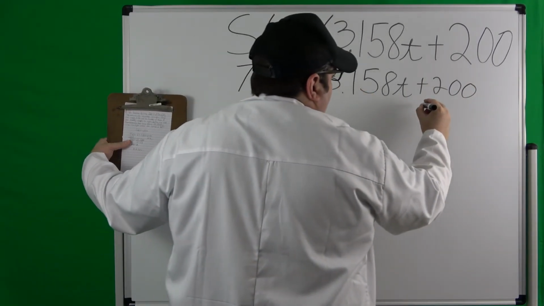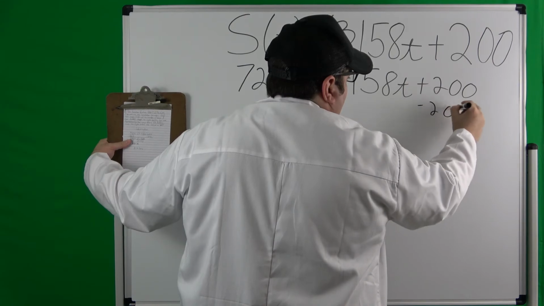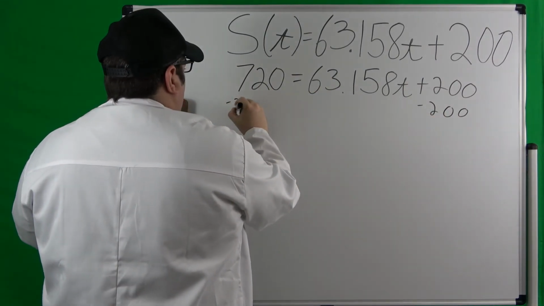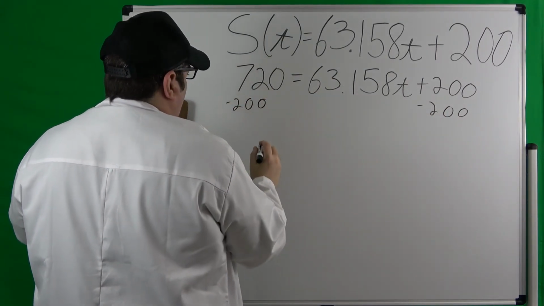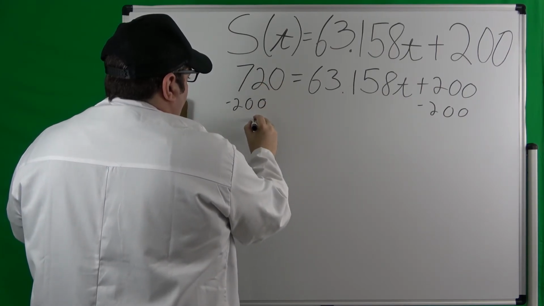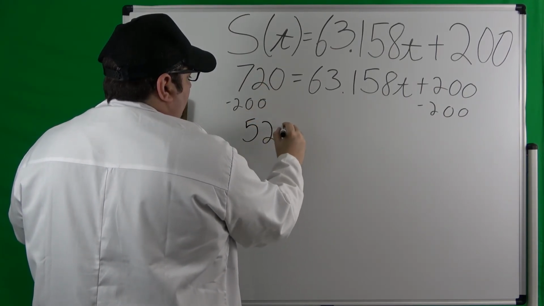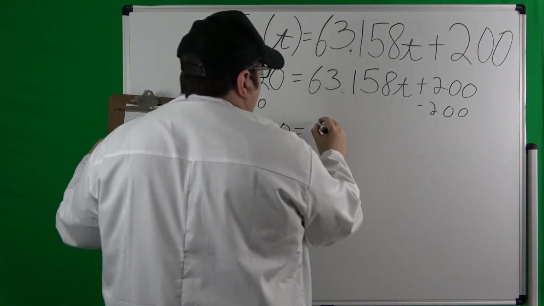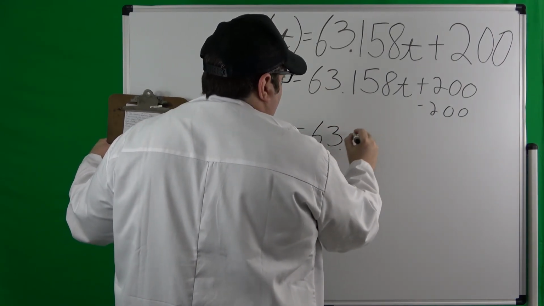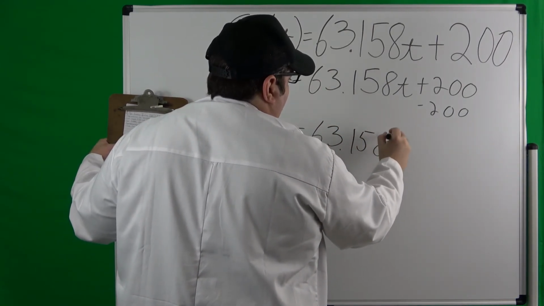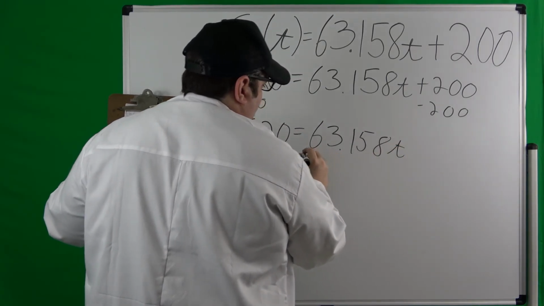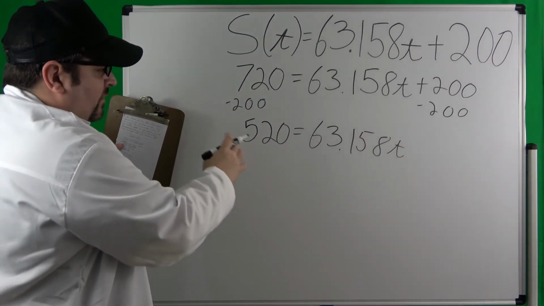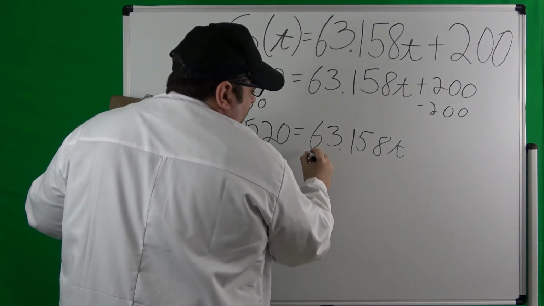So, okay, let's subtract 200 from both sides. Okay, we're going to get 520 equals 63.158t. Okay, then we're going to do the opposite.